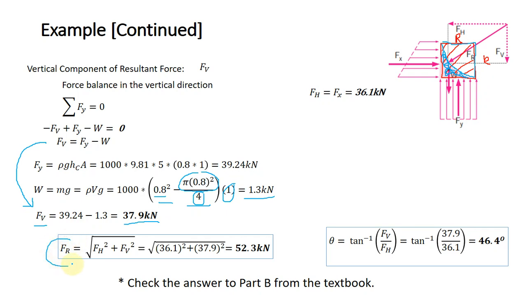So the resultant force would be the vector sum of Fh and Fv, and you will get the resultant force to be 52.3 kilonewtons.